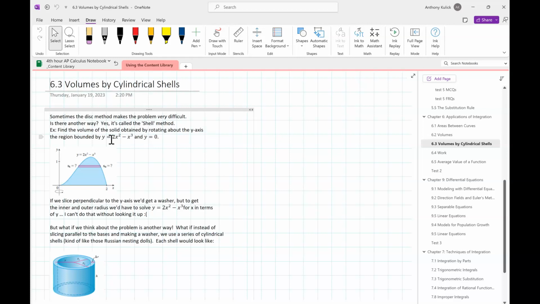And if you're able to do that, the integration is easy. The setup is the hard part, much in the same way that the setup was the hard part in related rates problems. When you actually do the derivative and plug the stuff in, that's usually pretty easy. Similar in that regard.